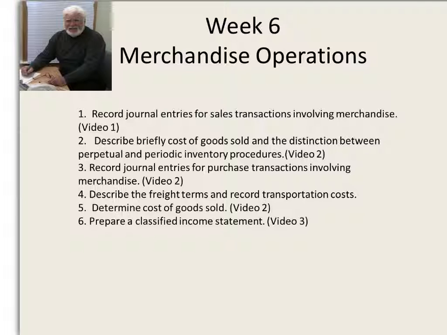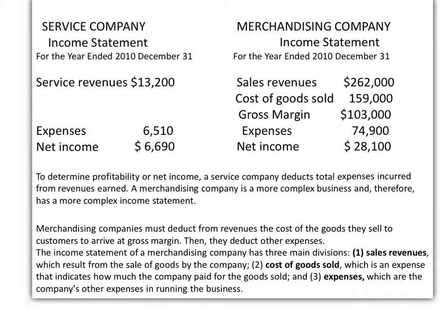a classified income statement. To begin with, we look at the difference between a service company and a merchandise company's income statement. Now, a service company earns its revenue and matches the expenses it incurs against that revenue to come up with its net income. A merchandise company, though, earns its revenue by making sales of merchandise.